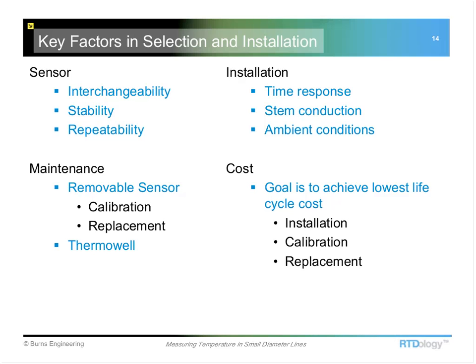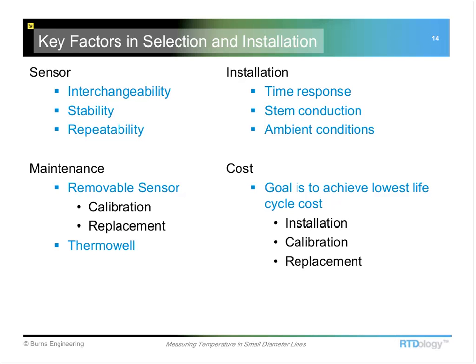And then finally, cost is always one of the big items here. And our real goal with all this is to just achieve the lowest life cycle cost. And that life cycle is not only referring to the sensor, but to that measurement point where that sensor is controlling how much energy is being used to control that process.